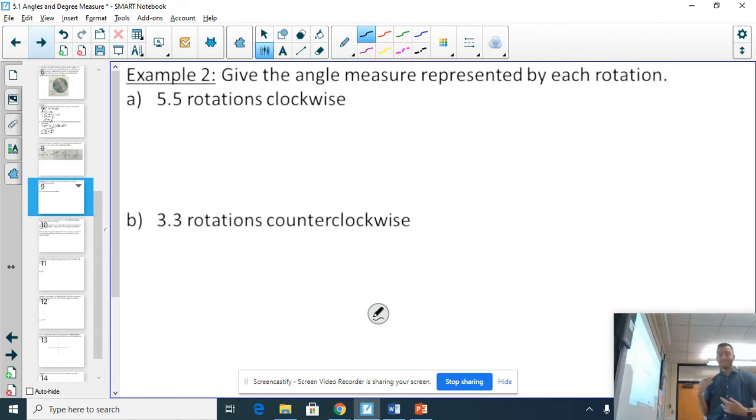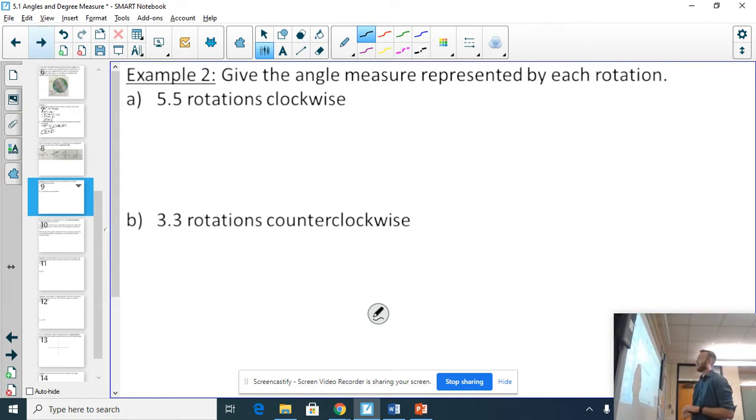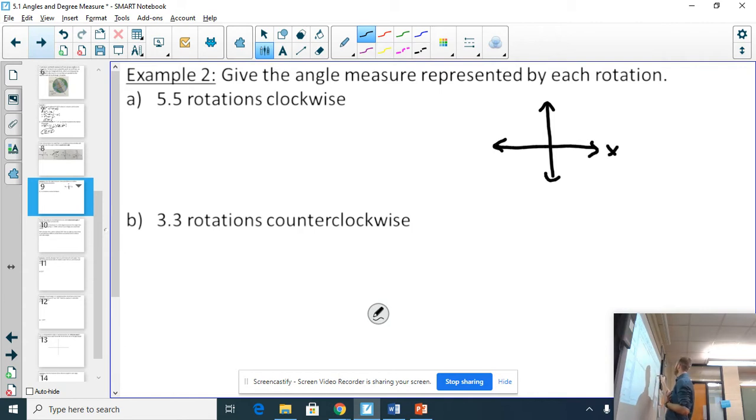And we're going to hop right into the second example here. These ones aren't bad at all. It says, give the angle measure represented by each rotation. So 5.5 rotations clockwise. If we think of a full rotation, a full rotation around would be 360 degrees.